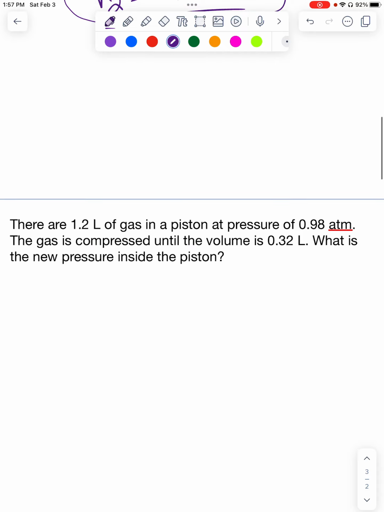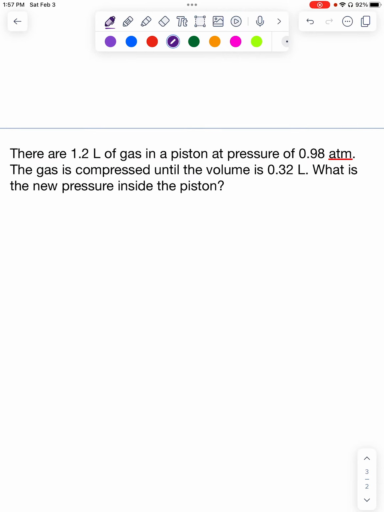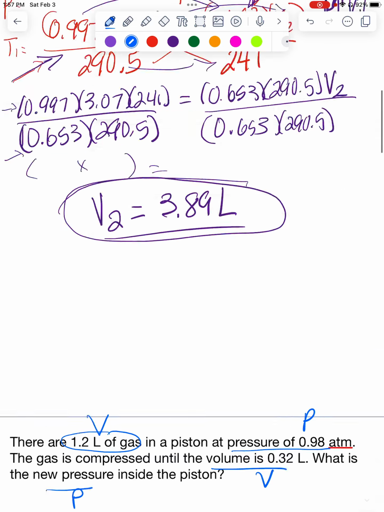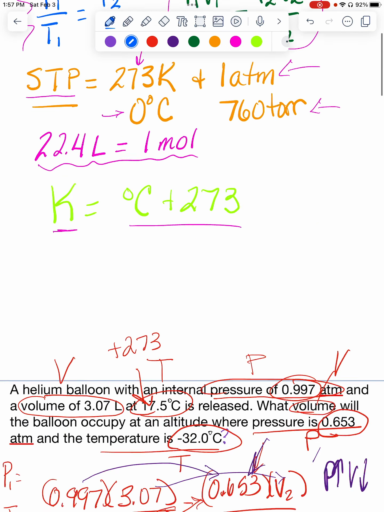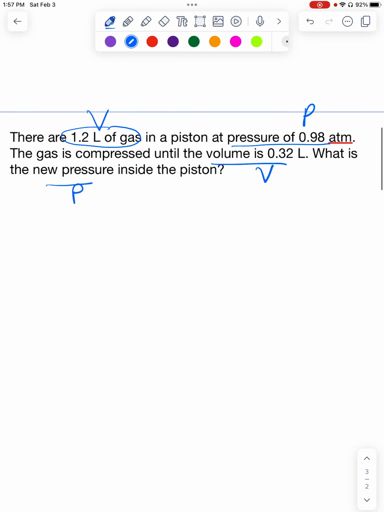All right, let's look at another sample. There are 1.2 liters of gas. Liters is volume. You got to know that, you guys. At a pressure of, so we have pressure. The gas is compressed until the volume is that. What is the new pressure? Well, hey, I only have volume and pressure. If you come back up here, that's this equation. So let's do P1 V1 equals P2 V2.